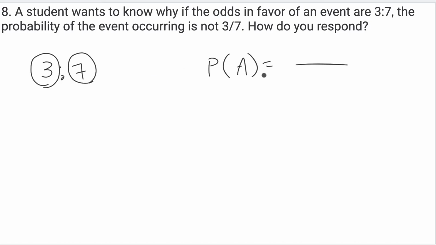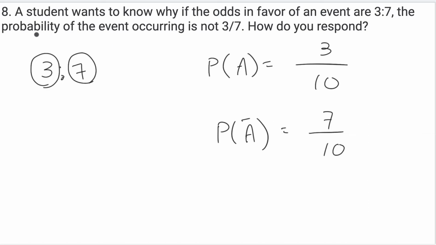The total is 10, you need to add them together. Will happen is 3, and will not happen is 7 out of 10, right? So the probability of the event occurring is not 3/7, it has to be 3/10.